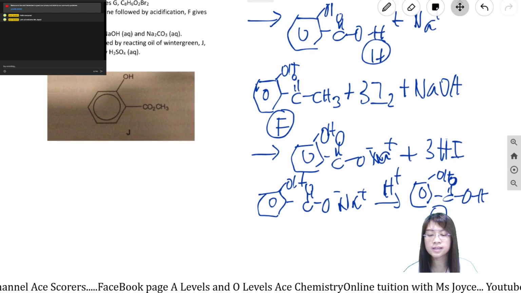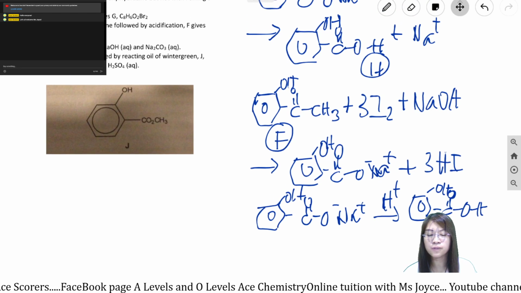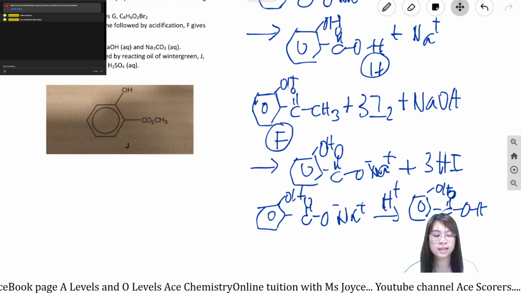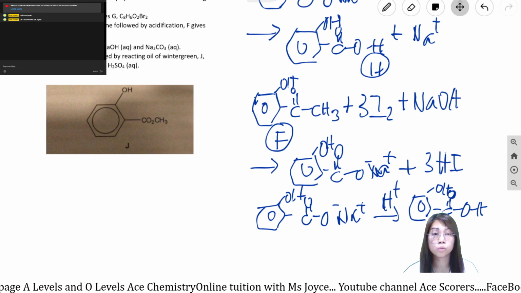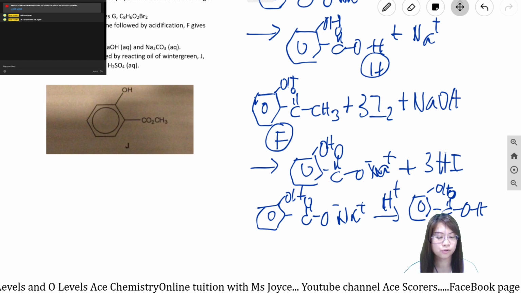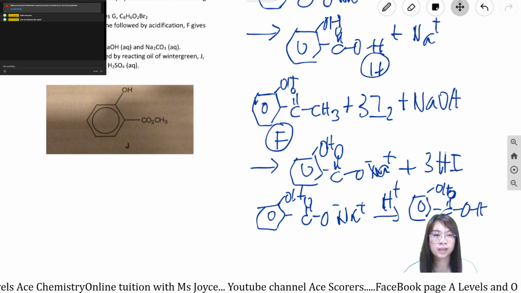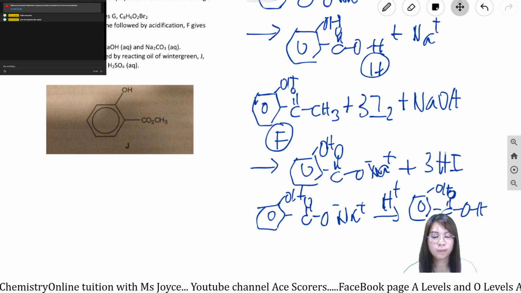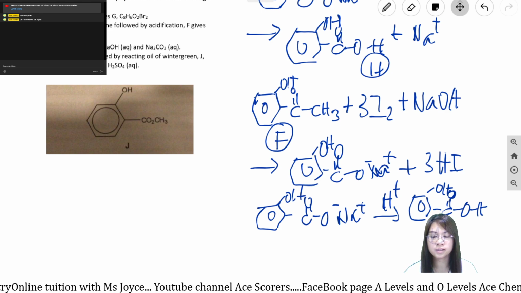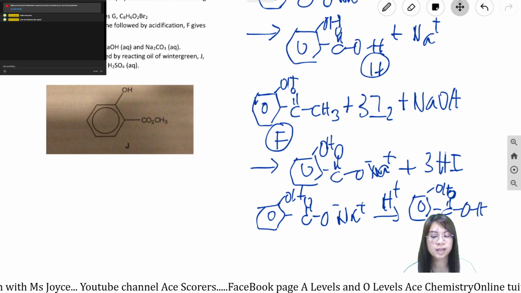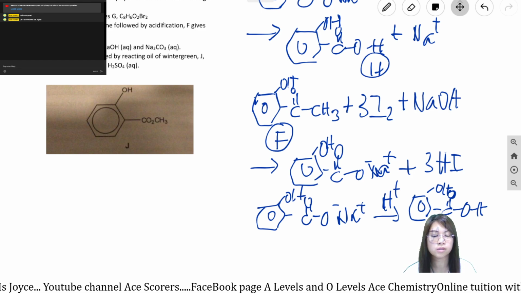Since it says that F gives H after it has undergone the iodoform test, you have to work backwards to derive what the reactant will be upon reacting with the acid. The acidification process will give H. So now you work backwards, and you can see that this is actually the sodium salt.